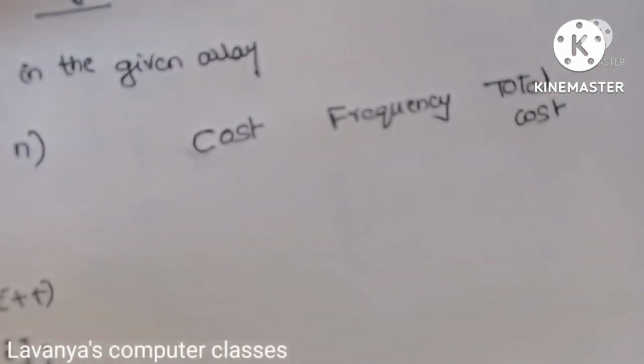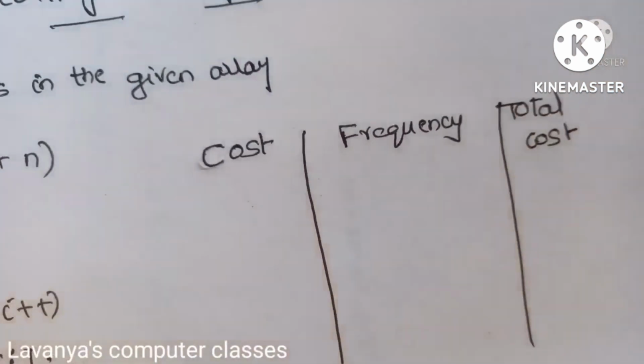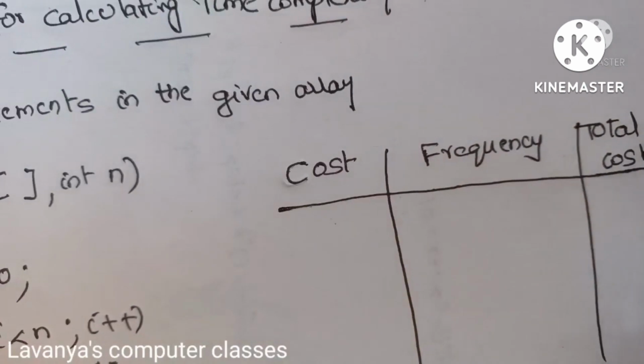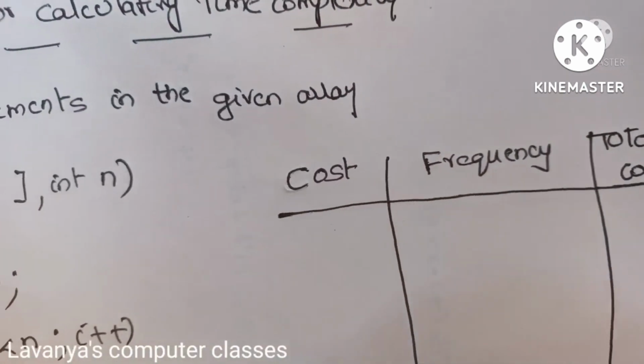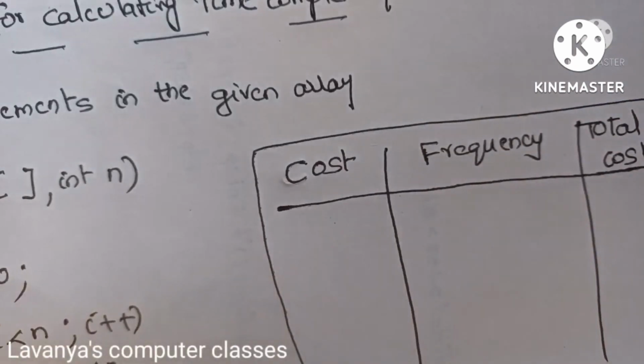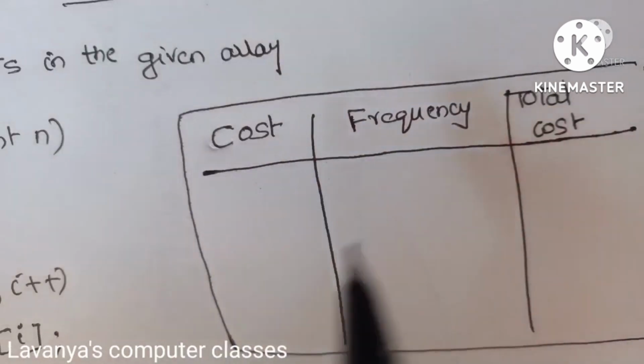What is cost? Cost is the number of times the particular line is executed. Frequency is the total number of times the particular line is executed. Total cost is the product of cost and frequency.